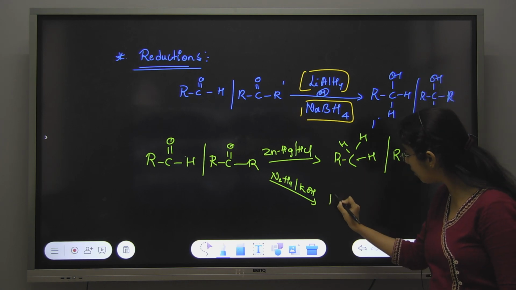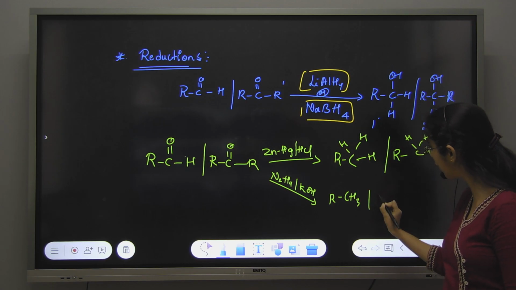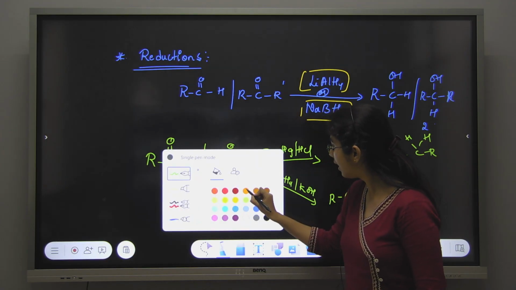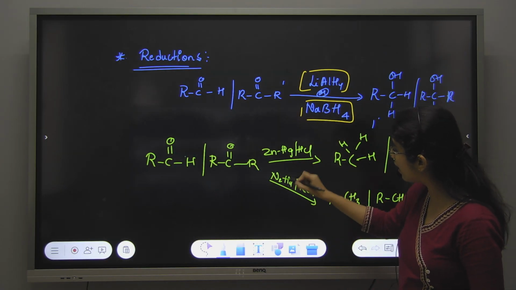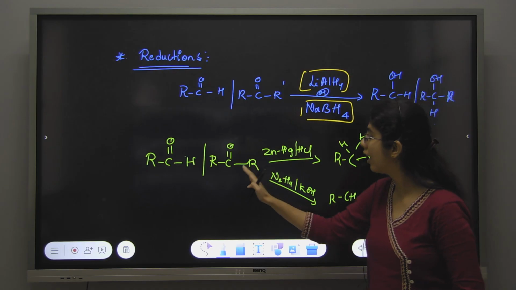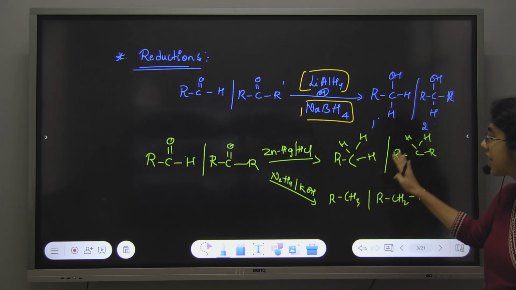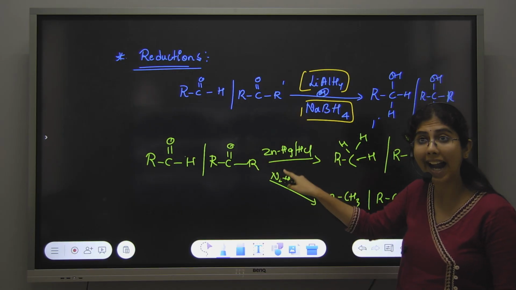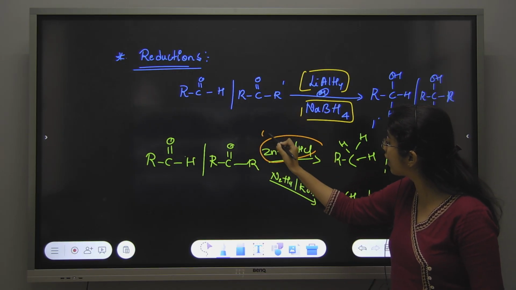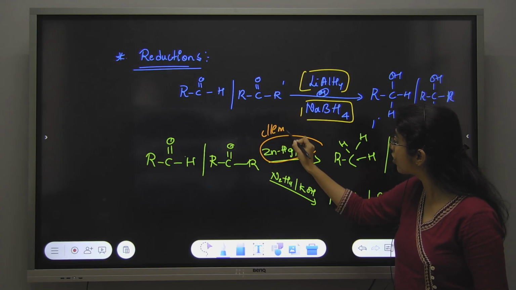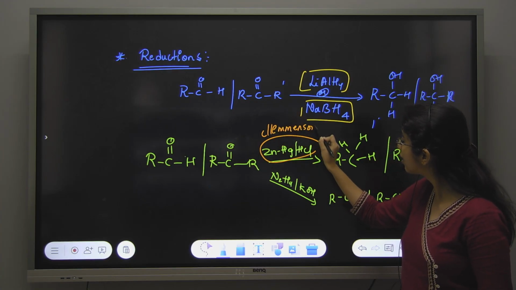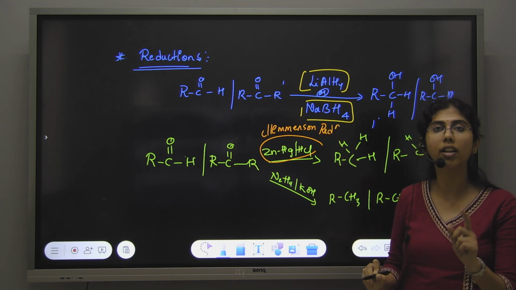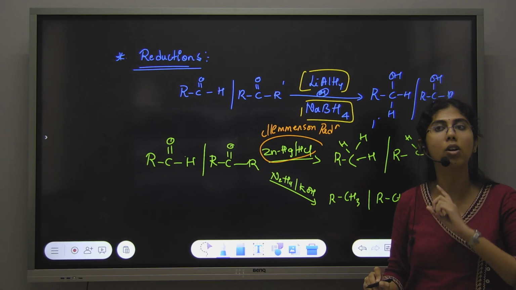The same kind of product you would get here also. Same product. But the reagent that you have taken in both cases is different. Reactant is same, products are same, but the reagent that you add is different. When you add this reagent, the name of the reaction is Clemmensen reduction. As I told you from the beginning, in aldehydes and ketones, name reactions are quite important.